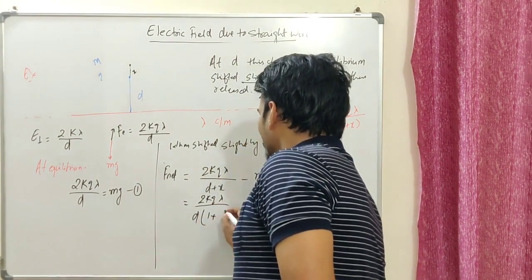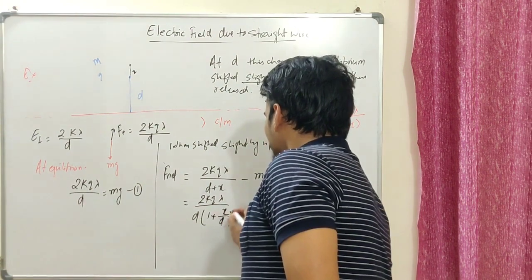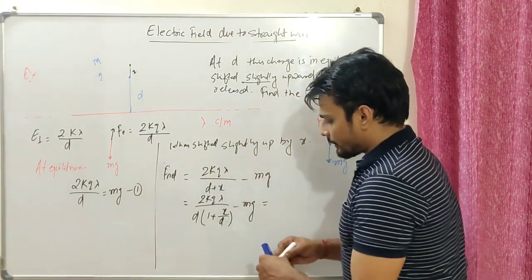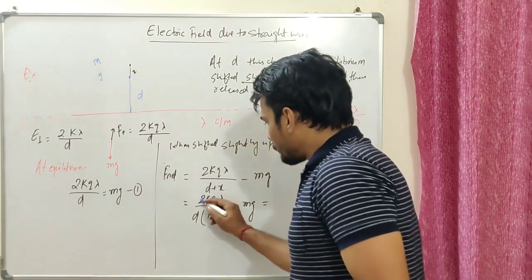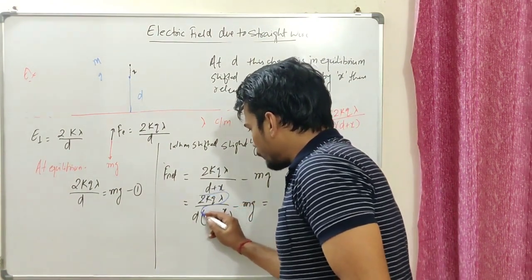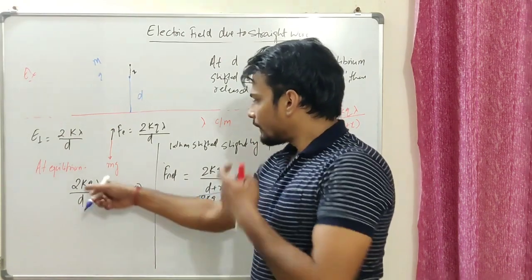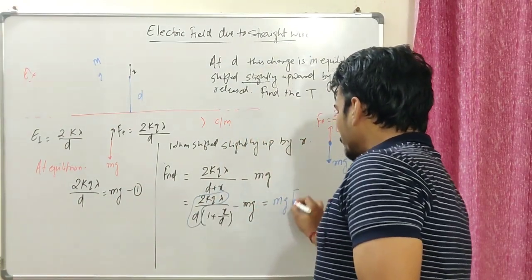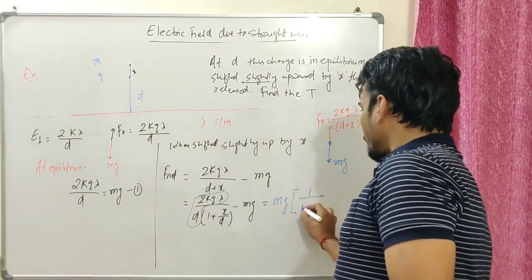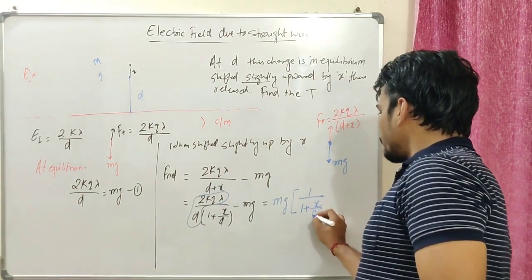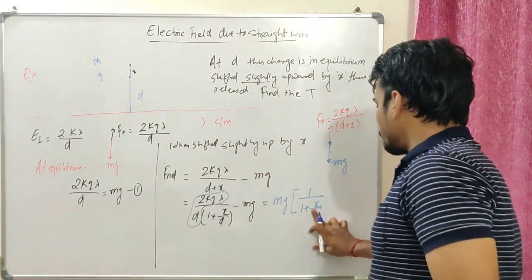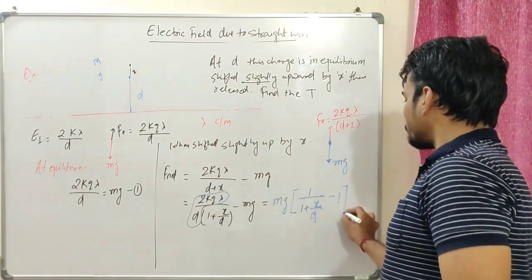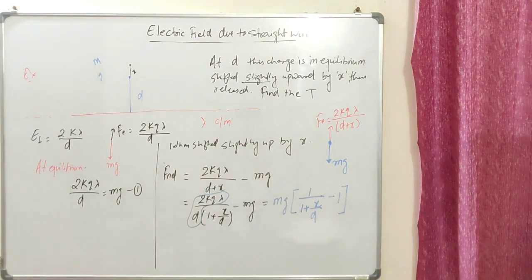I'll have 2kqλ over d times 1 by 1 plus x over d, minus mg. Now 2kqλ over d is nothing but mg. So I can write this as mg, take it out common, and have 1 by 1 plus x over d minus 1. I hope you guys are okay with this, right?